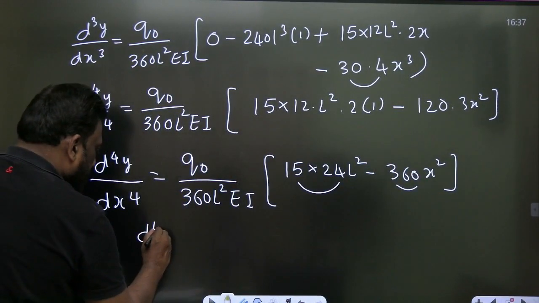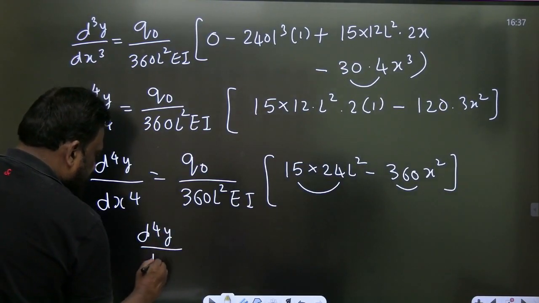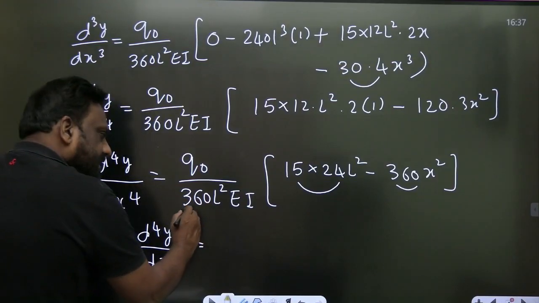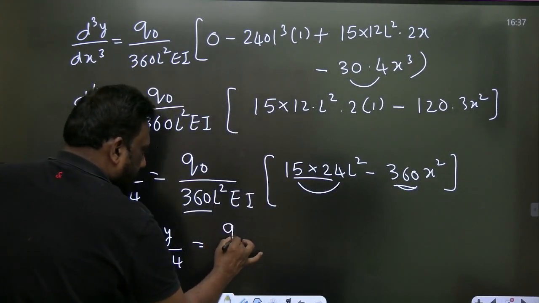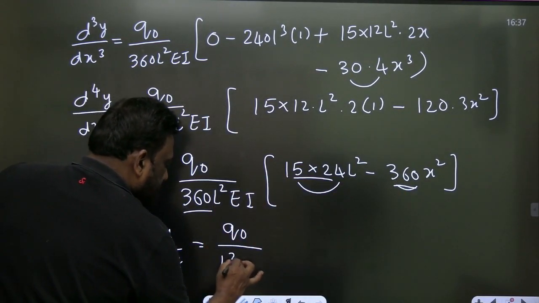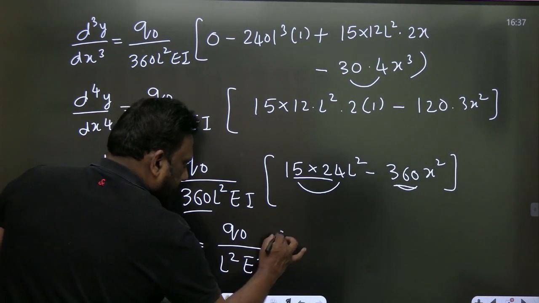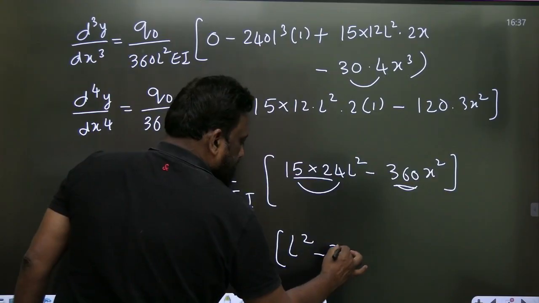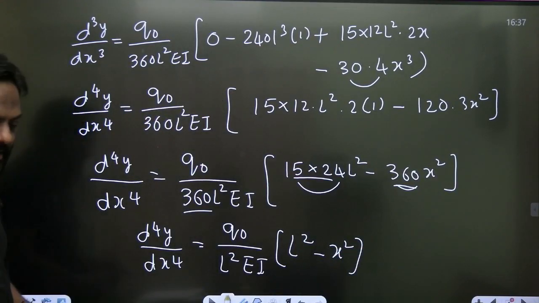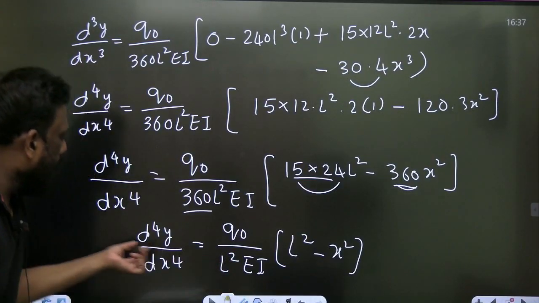So d power 4y by dx power 4 is equal to, this 360 and this 360 get cancelled. So you are left with q naught by L square EI into L square minus x square. Already the 360 is gone. So we know very clearly, let us take EI onto the left side.